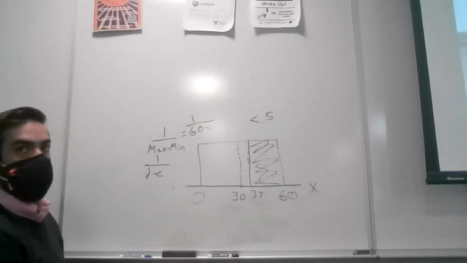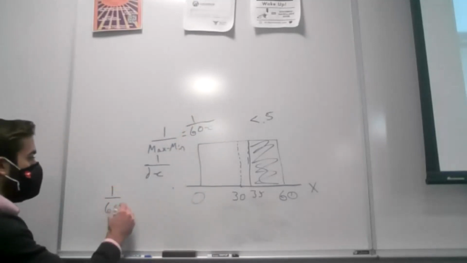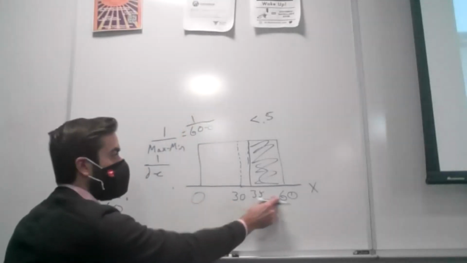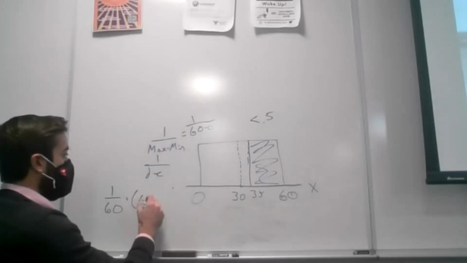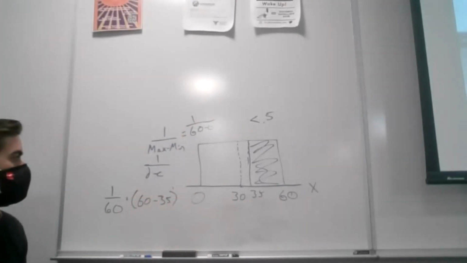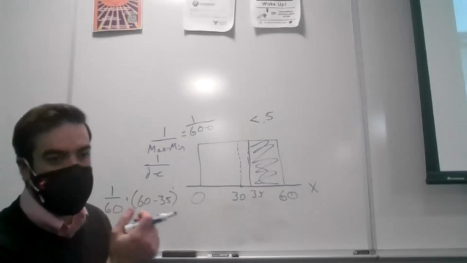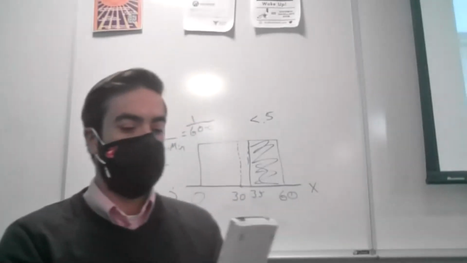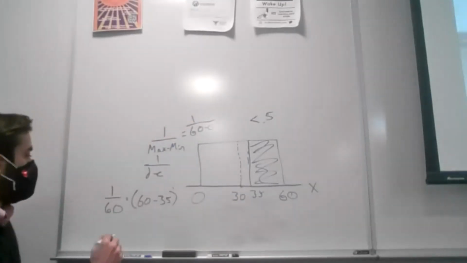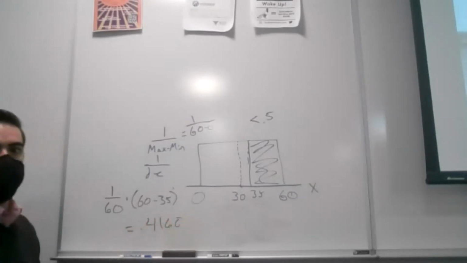If I'm looking for the area of that rectangle, I would just take the height, multiply it by the width. So it goes from 35 to 60, so I take the difference between those two. So really just 25 times 1 over 60. Doing this in my head, I think it's 0.4166 repeated. Right.